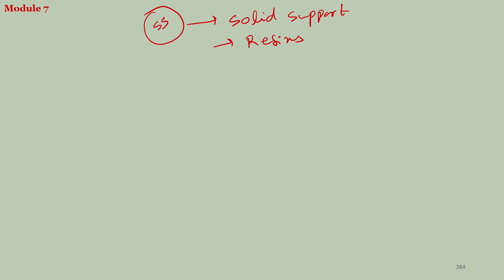So, if I write down the steps, let us say you have taken a solid support. These are usually resins. There are different types of resins available for peptide synthesis, like HMBA and others. They vary in their functional groups.